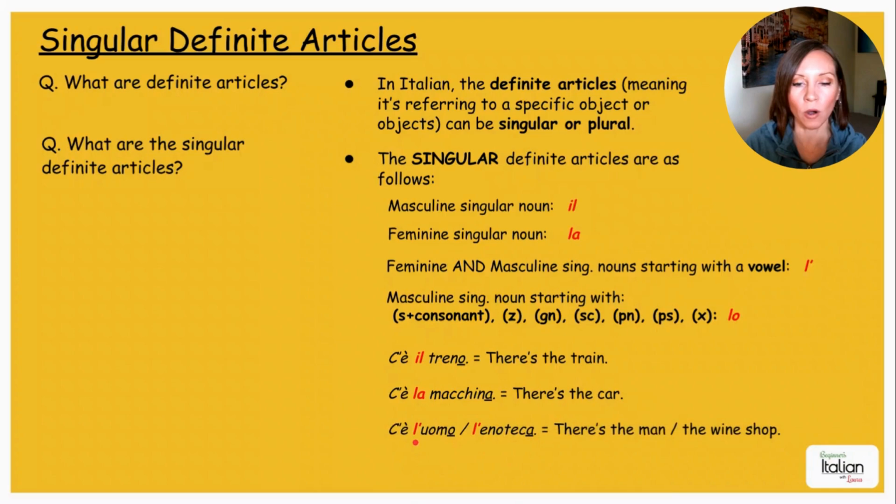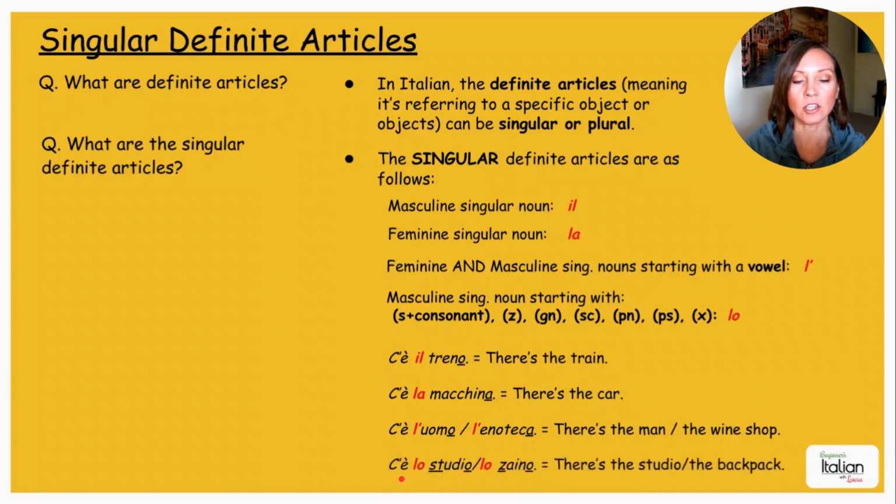C'è l'uomo or c'è l'enoteca. There's the man or the wine shop. Okay, so here we have an L plus apostrophe, because the noun is starting with a vowel. Okay, so L apostrophe and then uomo, L apostrophe enoteca.